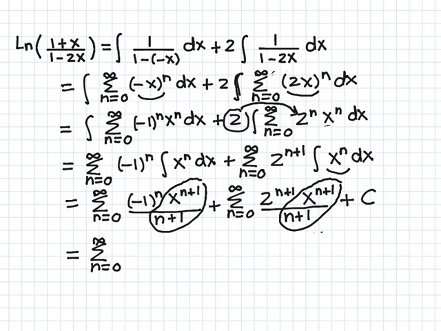So we can write this as x^(n+1) divided by n+1. That's a common factor. So we get (-1)^n plus 2^(n+1). And now we've grouped these two summations as one summation. So we've simplified it quite a bit.